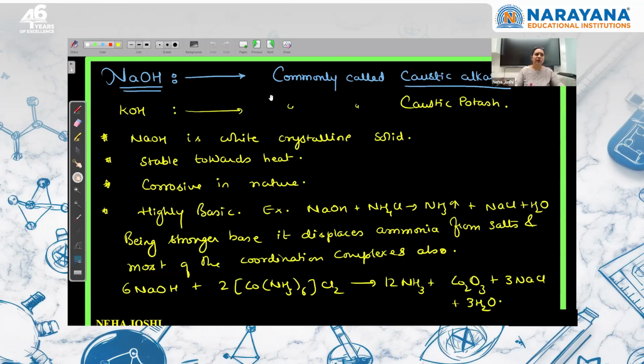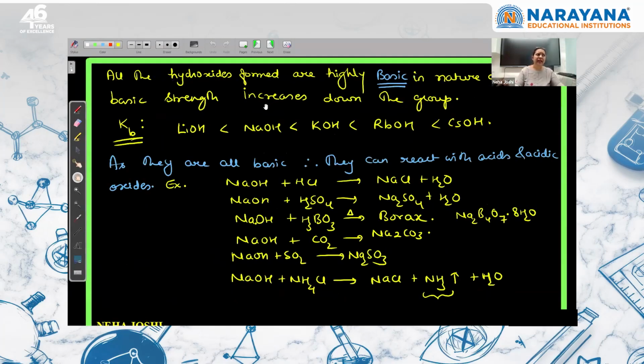All the hydroxides are basic, and down the group their basic nature further increases due to increase in electropositive character of the central metals. As they are bases, they will react with acids. They will react with acidic oxides also.